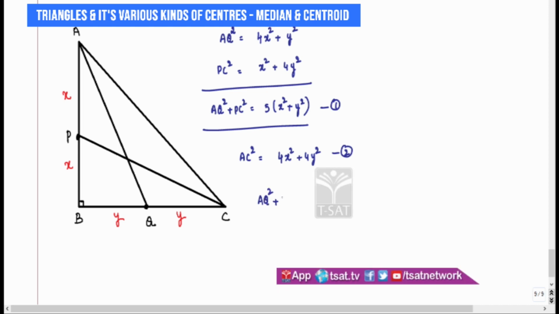AQ square plus PC square, if you divide both by 1 by 2, you will get 5 by 4 times AC square. So in a right angle triangle, median 1 square plus median 2 square is equal to 5 by 4th of the hypotenuse square.